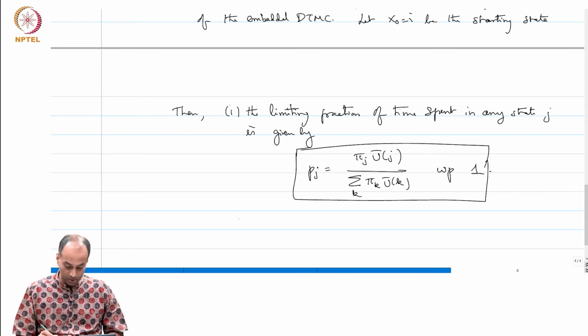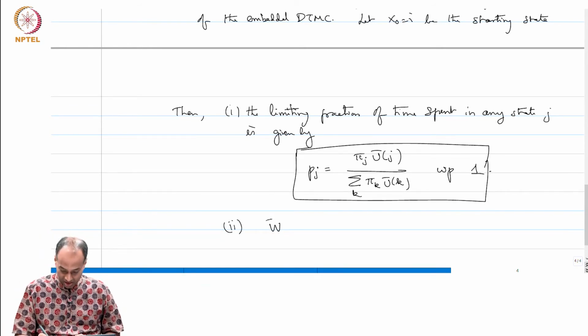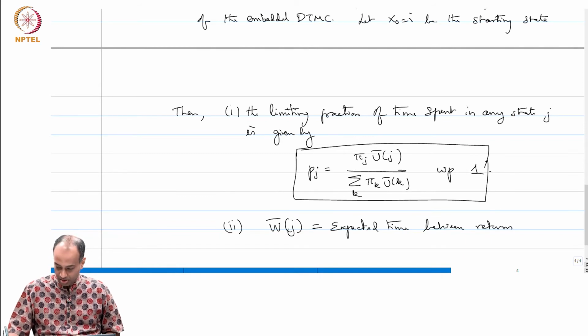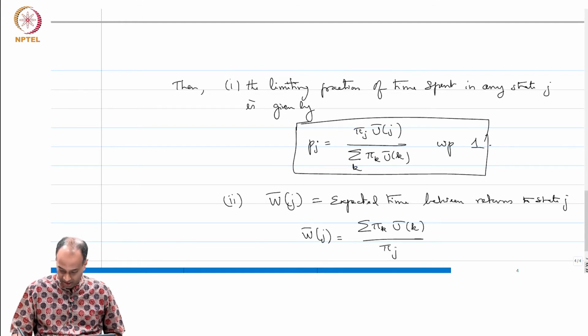We can also derive the expected renewal interval of successive returns to state j, which is w bar j. This is the expected time between returns to state j, which is equal to the sum over k of pi k u bar k, over pi j.